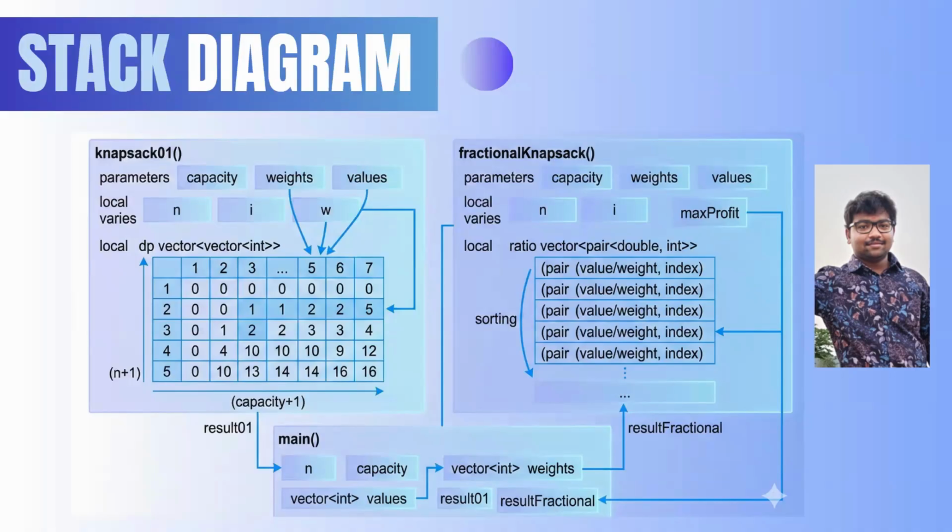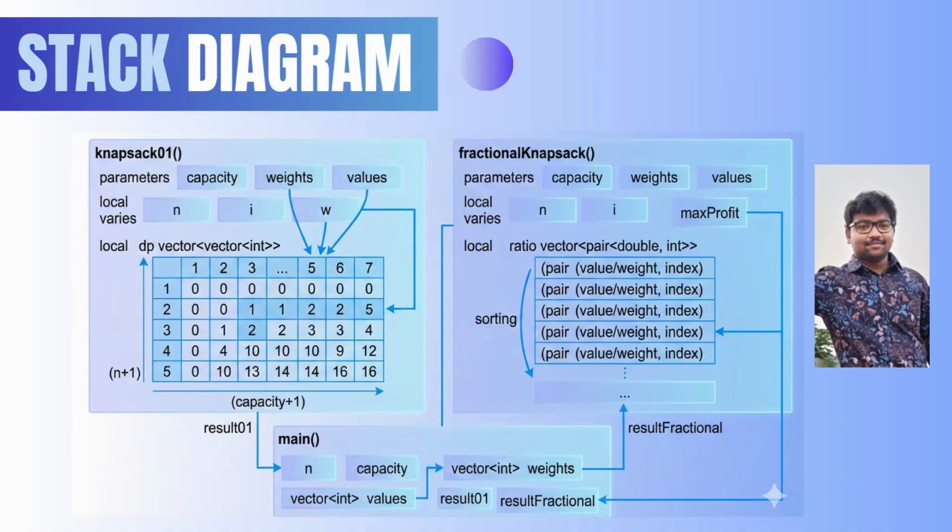Inside the stack frame, the function also creates local variables like i and w and a two-dimensional DP table named dp. The big table in this picture represents the DP matrix. Each cell in the table shows the maximum profit possible for a certain number of items and a certain capacity. The function uses this table to apply the dynamic programming logic.